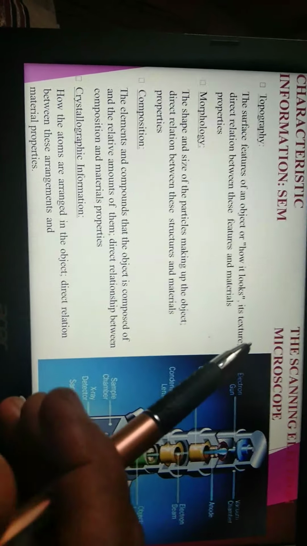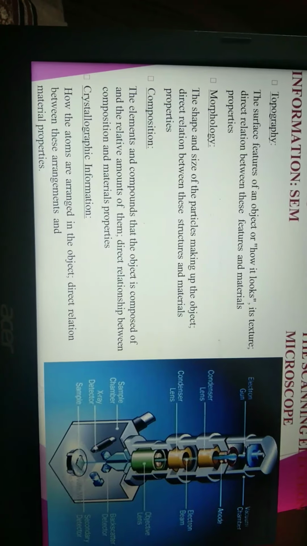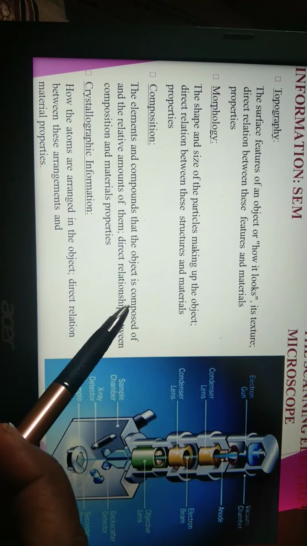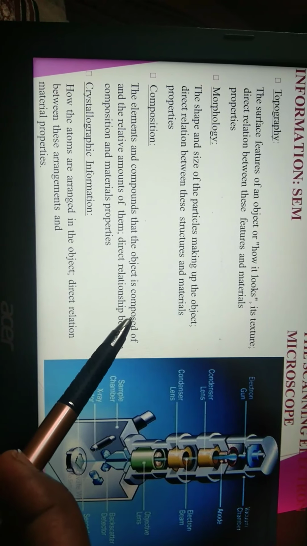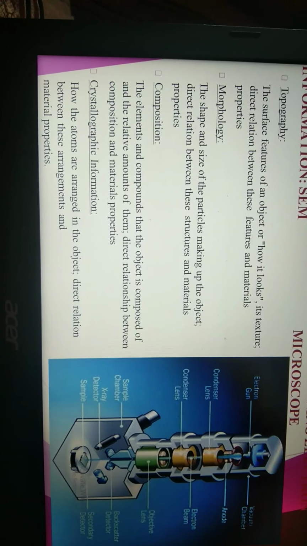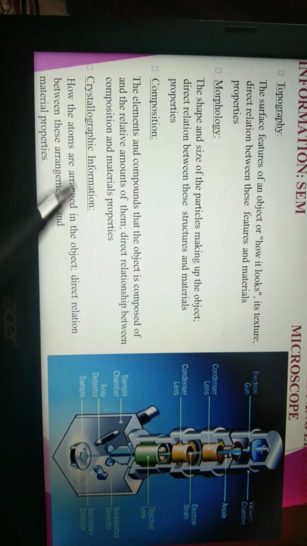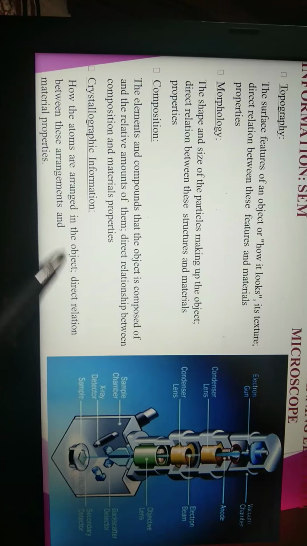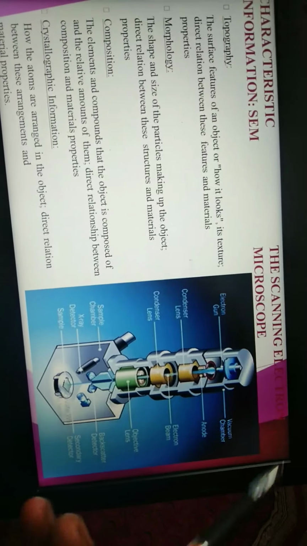The morphology tells us about the shape and size. Composition tells what elements and compounds are present in the specimen in relative amounts. Crystallographic information tells us about the atomic arrangement in the crystal structure.